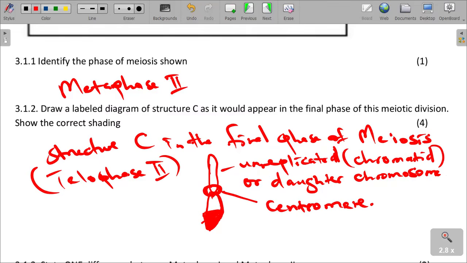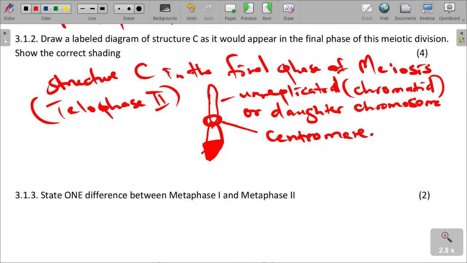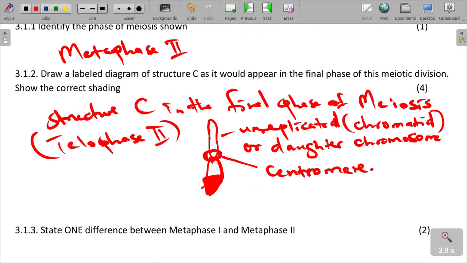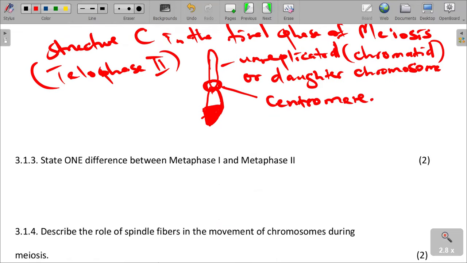And then we have that diagram. It can actually show that, that is the diagram, and that is how it looks. And then the next question is saying, state one difference between metaphase 1 and metaphase 2.